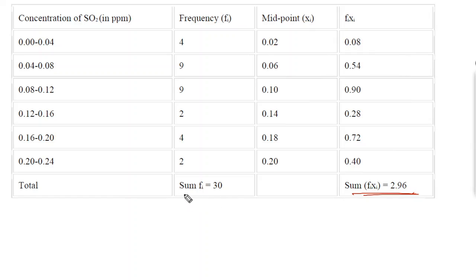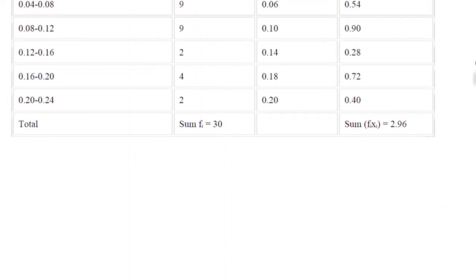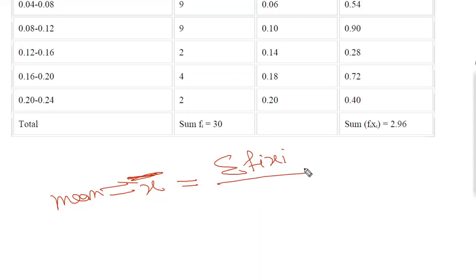So here we have sigma fi equal to 30, sigma fi xi equal to 2.96. So you will directly find x bar. Mean equal to x bar, which is equal to sigma fi xi divided by sigma fi, which is 2.96 divided by 30.